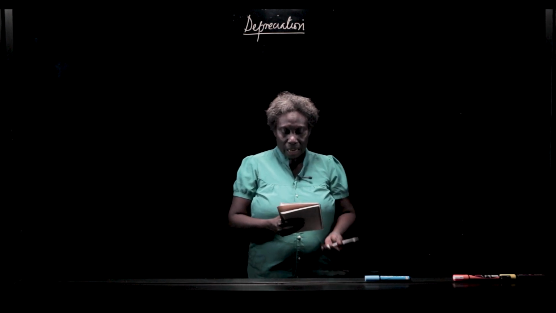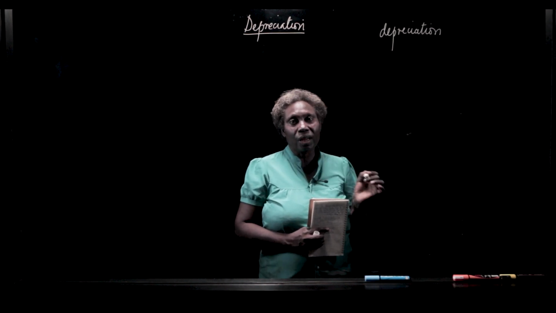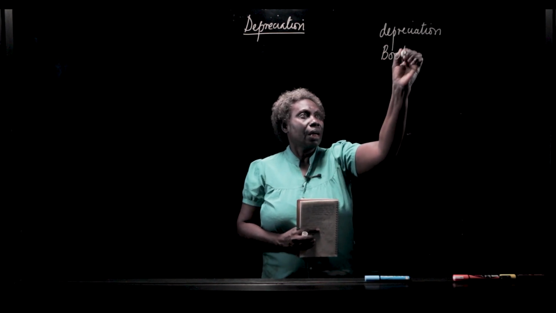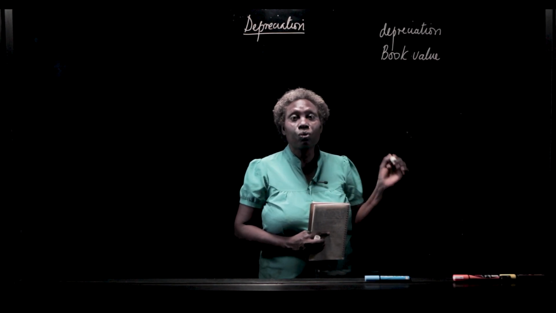There are certain words that we are going to come across in depreciation. Depreciation is the amount, in percentage, that the item depreciates by. There is also another word, called the book value.